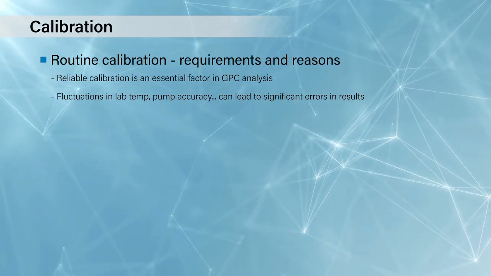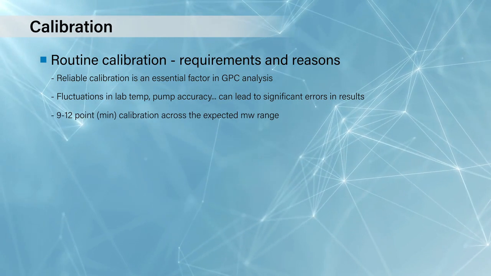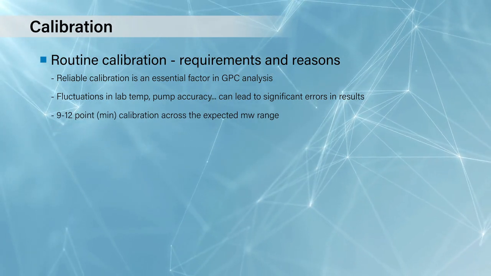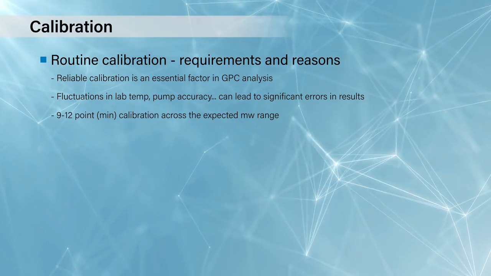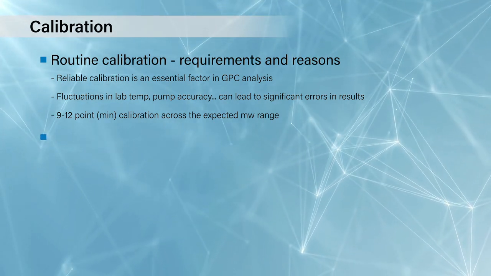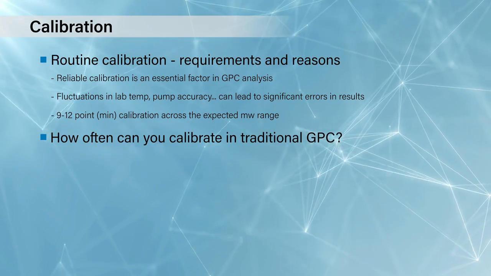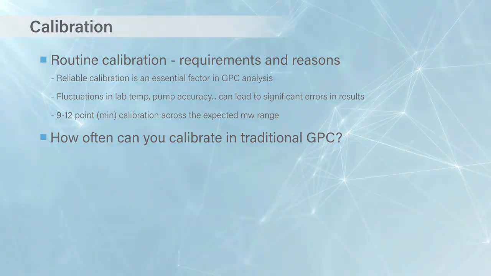We traditionally look for between 9 and 12 point calibration as a minimum across the expected molecular weight range of your intended analyte. How often do you do it? Is always an interesting question to ask our users. It's never as frequent as maybe they would like due to the time taken to actually calibrate the system.